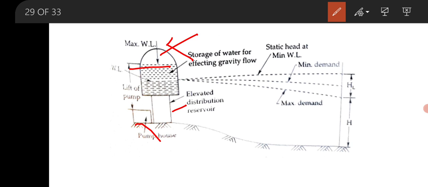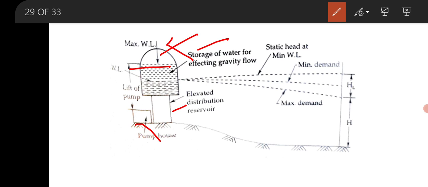and from the distribution reservoir it is supplied or distributed to the consumer by mere action of gravity. So after the storage of water, this will then be supplied to the consumer by action of gravity.